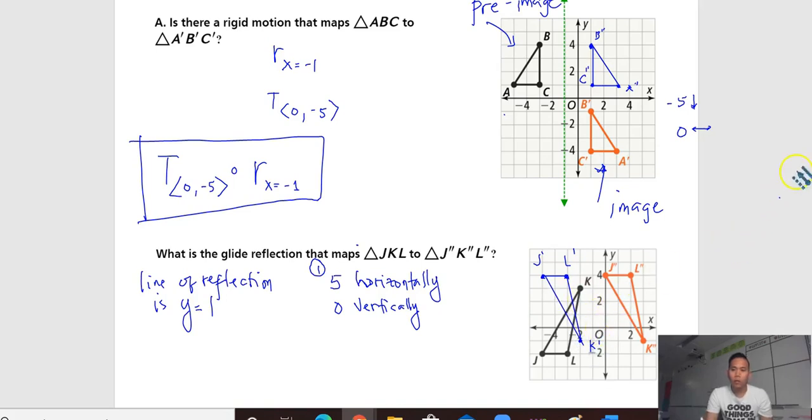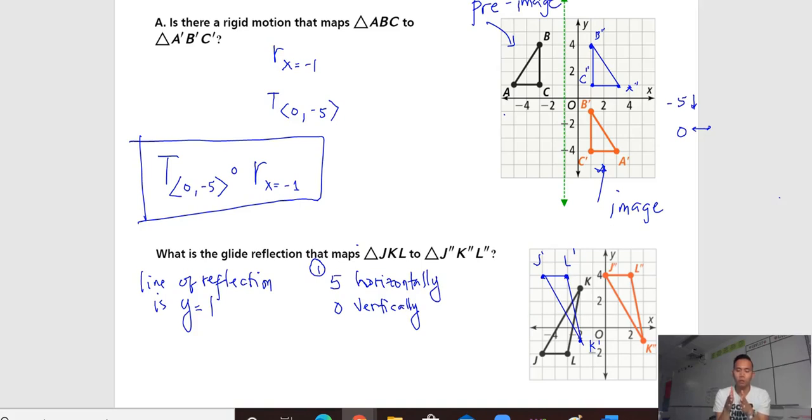Okay, what we are doing here is analyzing how my black triangle JKL becomes the triangle J double prime, L double prime, K double prime. So that's what we are mapping there. You take a look at the movement, five units horizontally and 0 vertically.